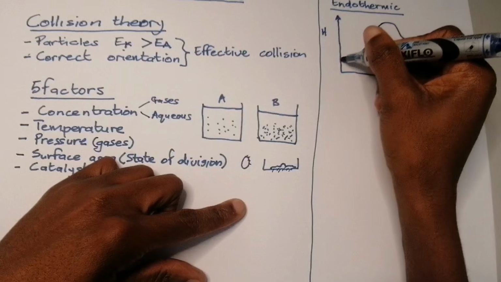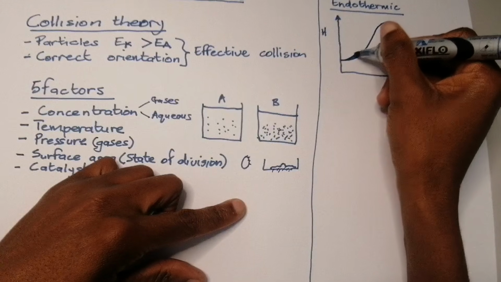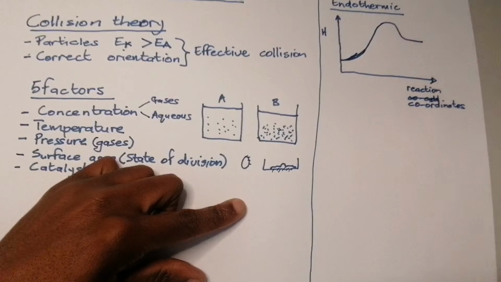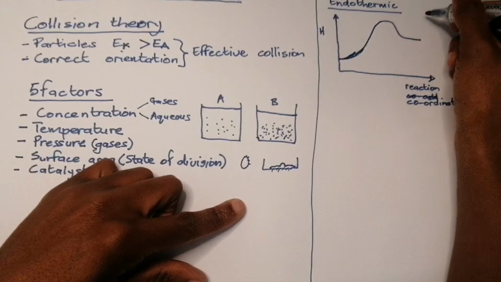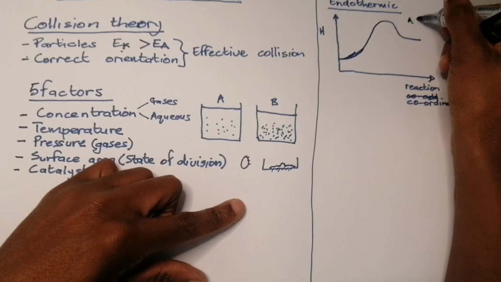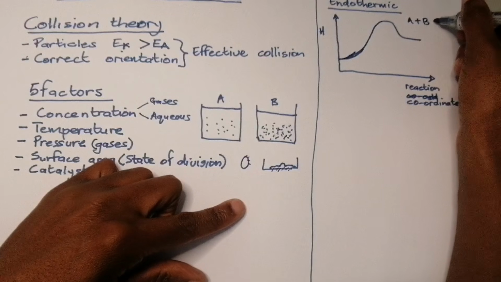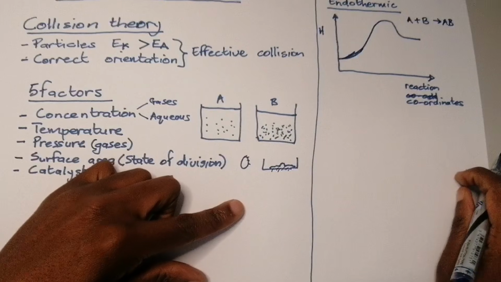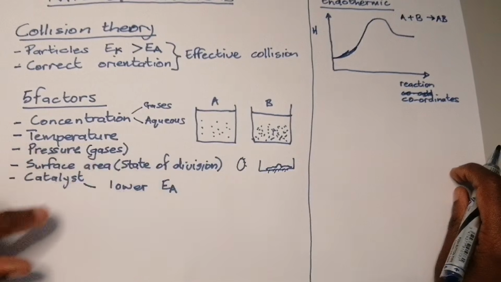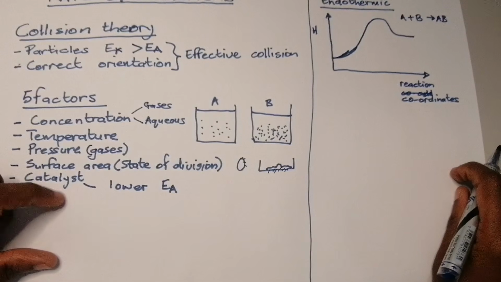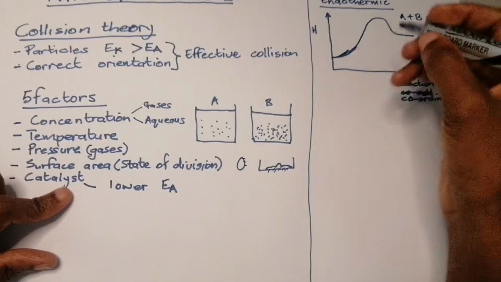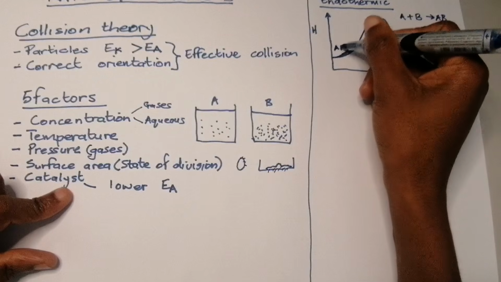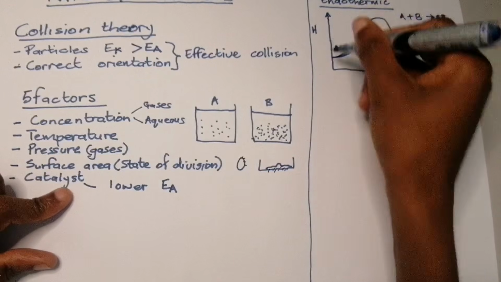Let's say this is a reaction between two things. We're going to have A plus B giving us AB. So this is the part where we've got A plus B as reactants.